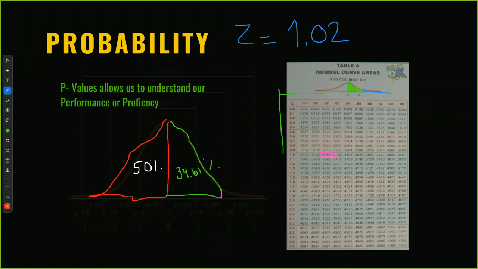What would be my probability as a whole distribution? This is asking what's the probability of hitting the mark. So if I have 50% and I have 34.61, that leaves us with 84%.